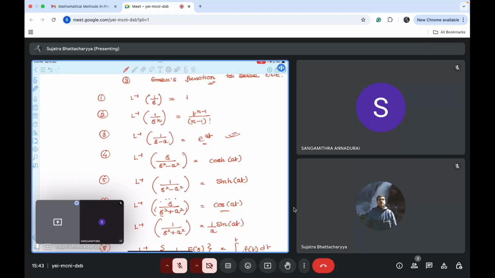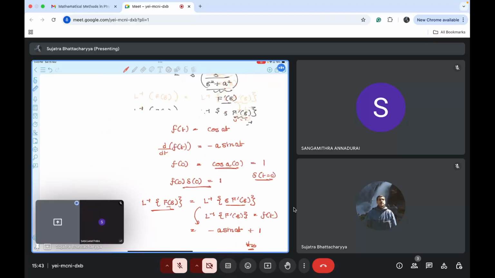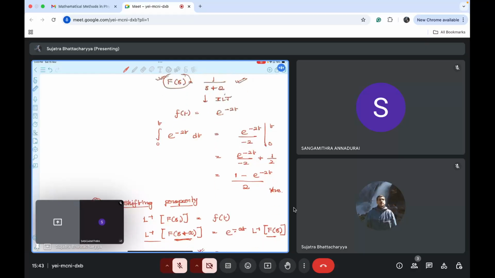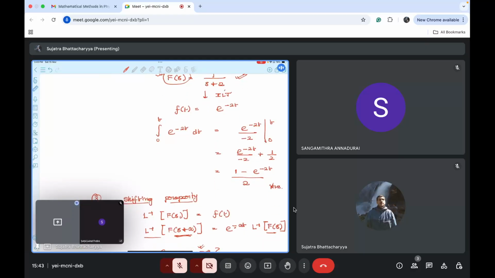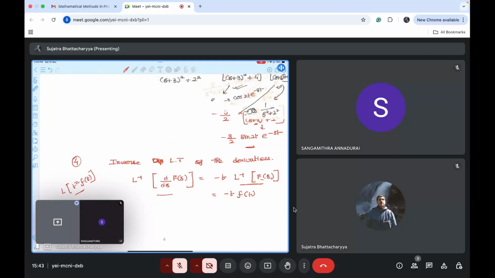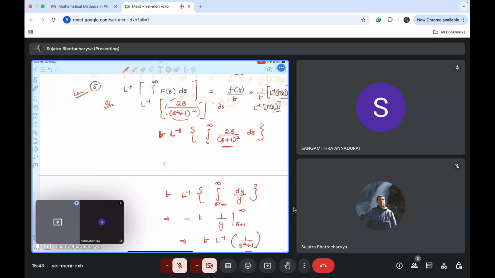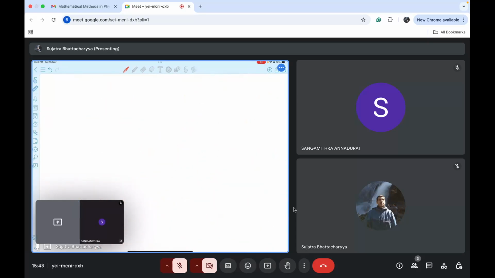Once you reduce into those forms, remember these properties and put them in to calculate the inverse Laplace. So this is the main trick for solving all the Laplace transform questions. And I have solved many questions so far, so that will be easier.